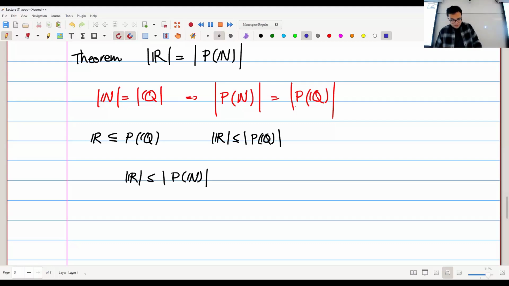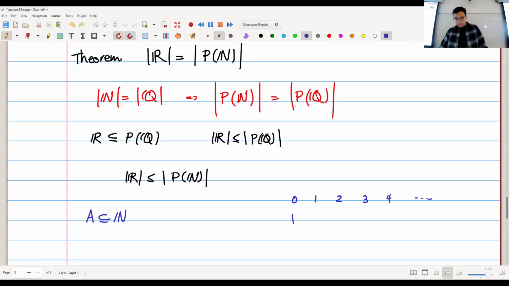Suppose that I have some subset A of natural numbers. I'm just going to encode it as an infinite sequence of zeros and ones. So I'm going to look at every element of natural numbers, 0, 1, 2, 3, 4, and so on. And I'm just going to ask, is 0 in my subset A? If it is, I put a 1. If it's not, I put a 0.